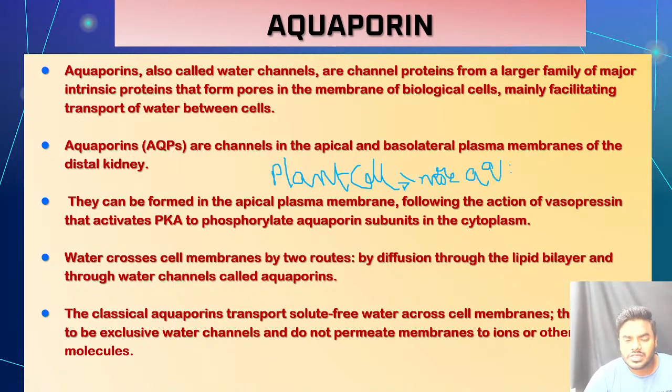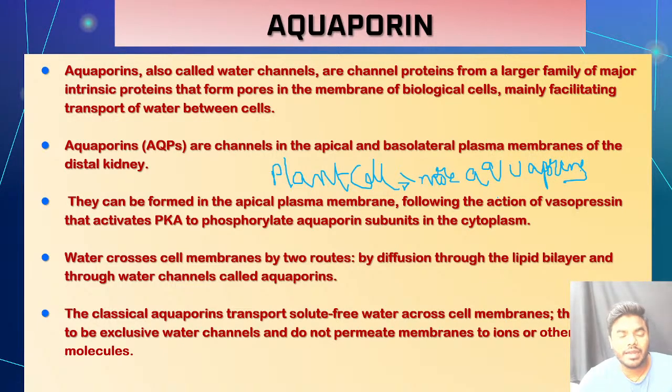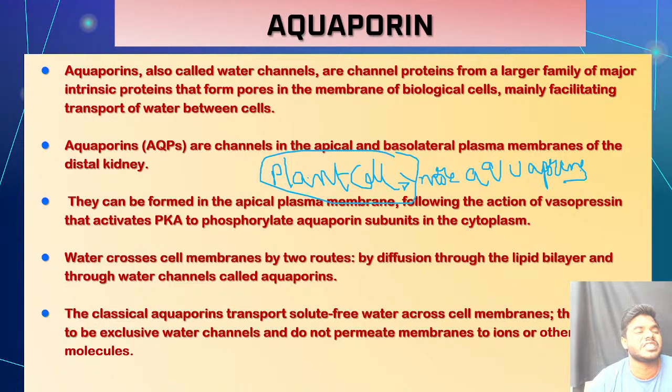Why, friends? Because plants cannot move like animals, so they have to consume more water when compared to animals to control all their functions. That's why more aquaporins are present in the plant cell. Kindly don't forget. And the point which was asked in exams four to five times in the form of statements is: what kinds of molecules can be transported through aquaporins?